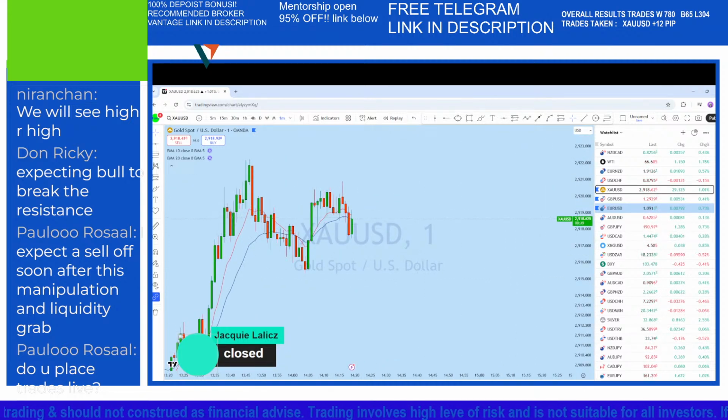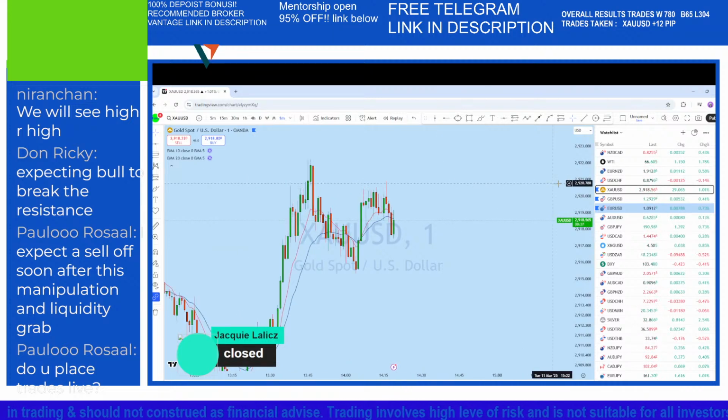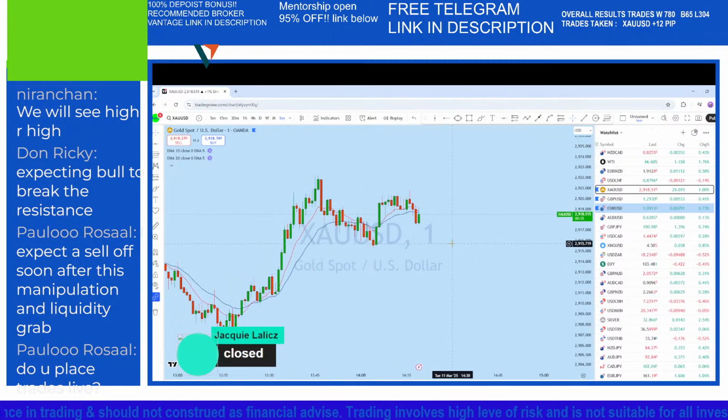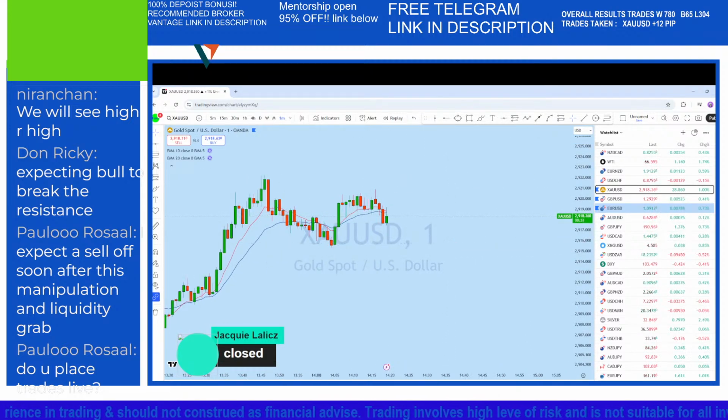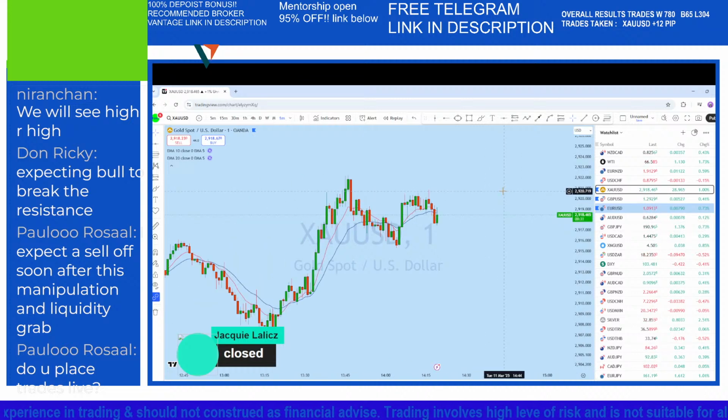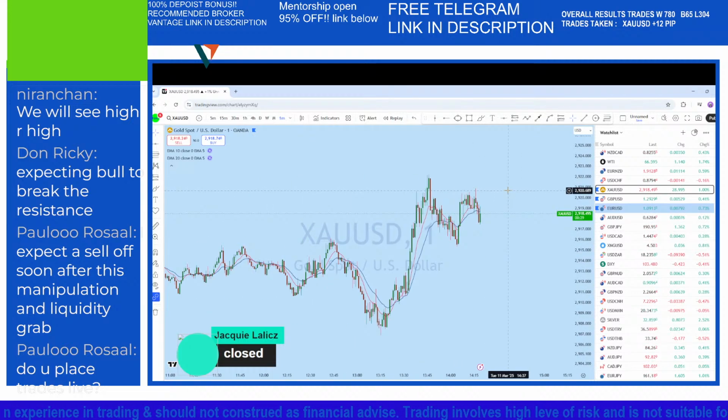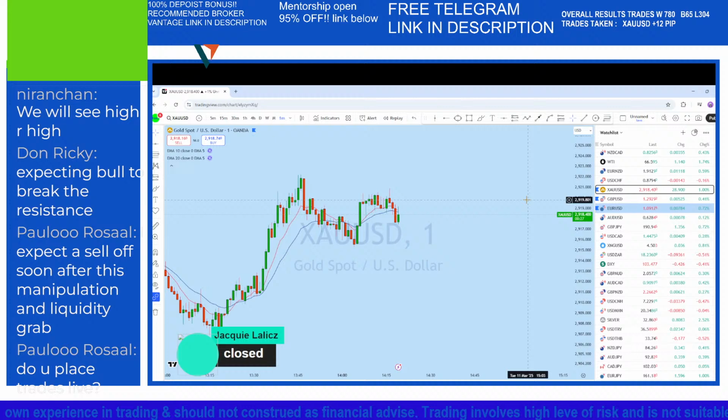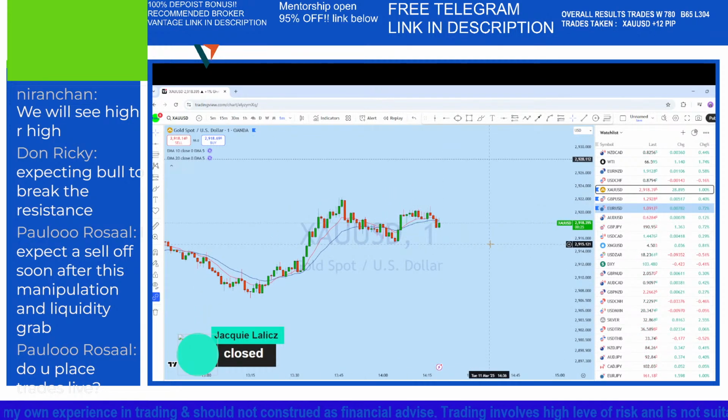A strong bounce, and waiting for a good move.